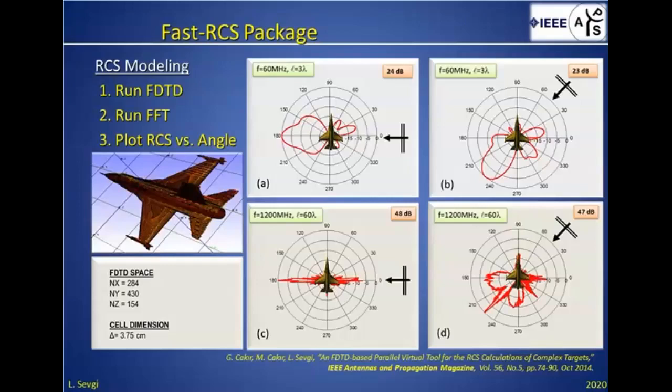So the top ones belong to 60 megahertz, the bottom ones belong to 1.2 gigahertz. So the top belongs to resonance RCS regime, but the bottom belongs to optical RCS regime.